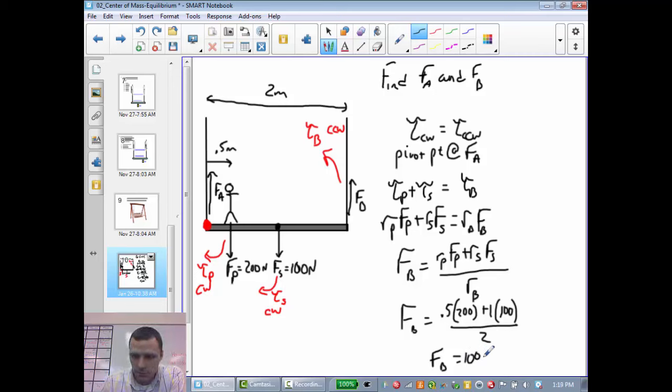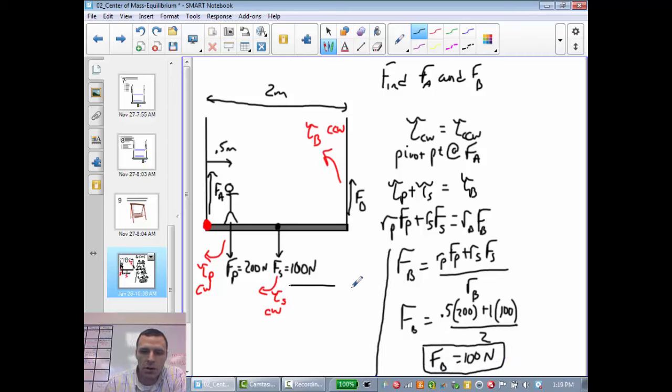So there's our first answer. To find force A, we could repeat this process, or we could just say forces up equal forces down, because this must also be true in equilibrium. Our two forces up, force A plus force B, have to equal the force of the person plus the force of the swing.